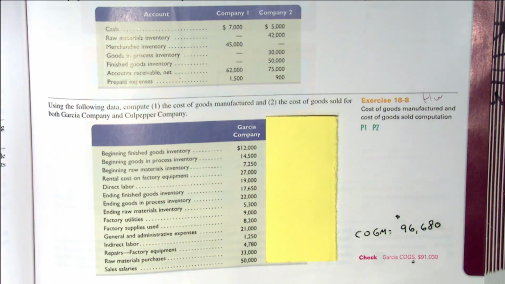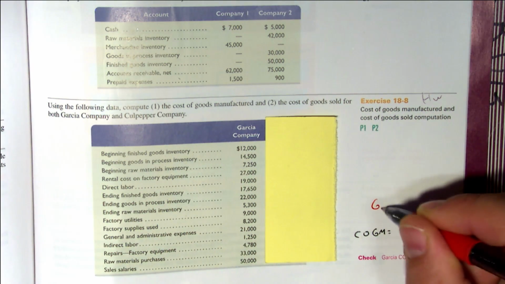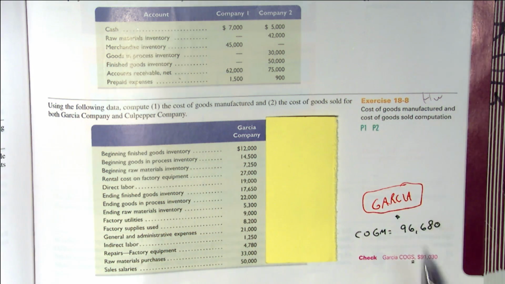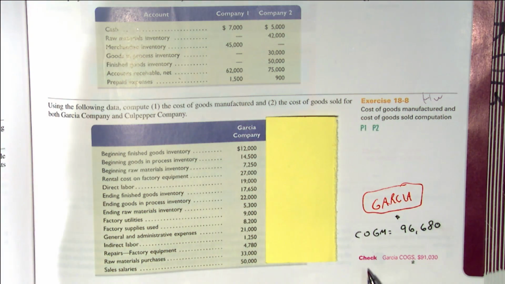They're going to roll that music here in a second. Now, I do want you to note that they have some check figures for Garcia. The cost of goods manufactured should equal 96,680, and the cost of goods sold should equal 91,030.